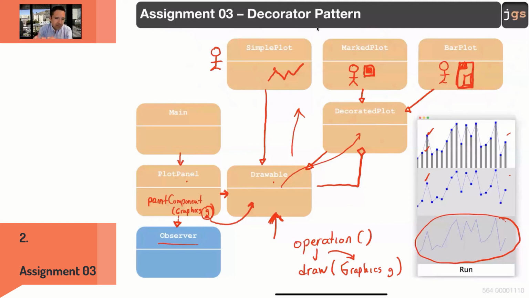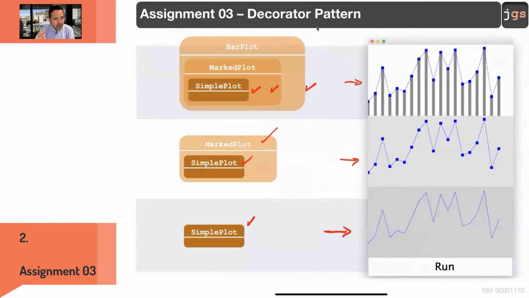The DecoratorPlot needs to be a class because we have variables there and we have this one method, the add, and even the update that has a body. We want that body there. So for the DecoratorPlot, probably an abstract class or a class, but the Drawable can be an interface. Good.